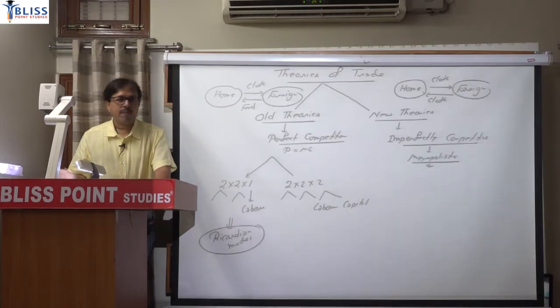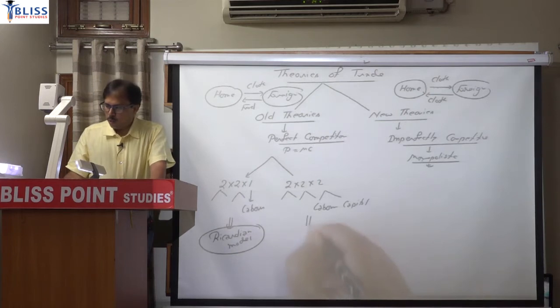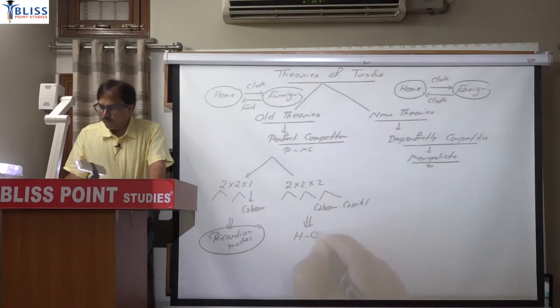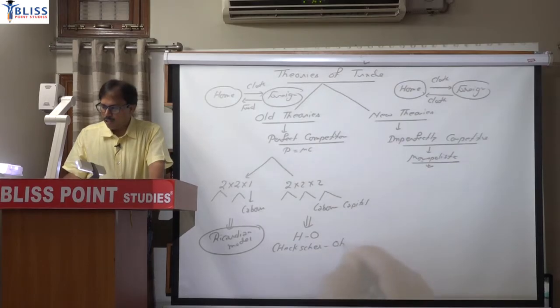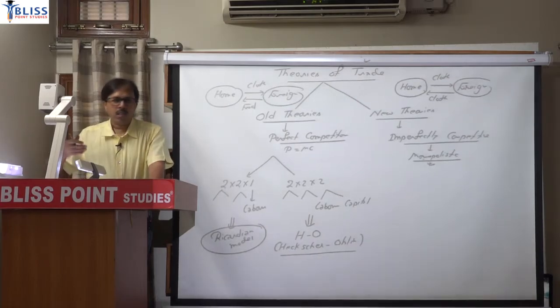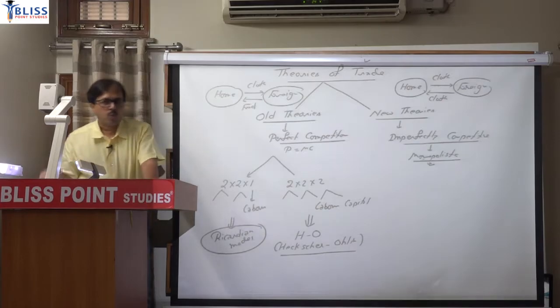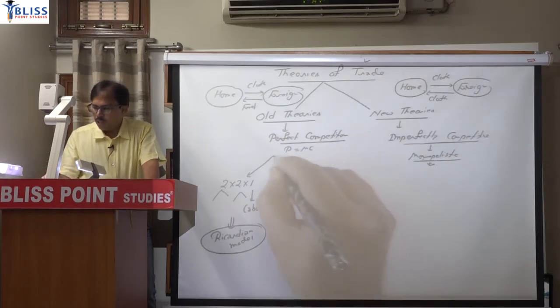So there are two different factors of production. This 2 by 2 by 2 model is popularly known as the HO model, Heckscher-Ohlin model. And there are certain topics related to that HO model, like factor price equalization, Leontief paradox.